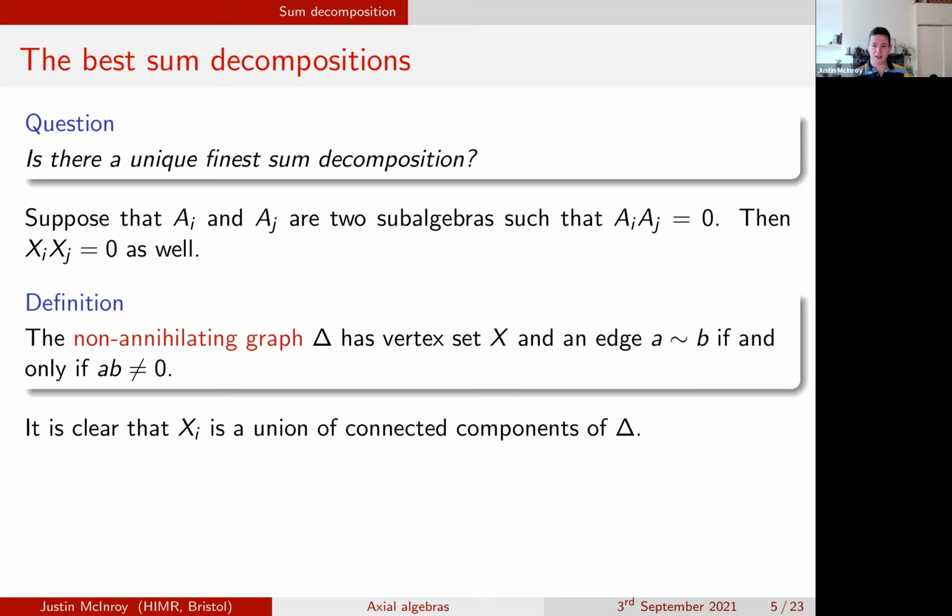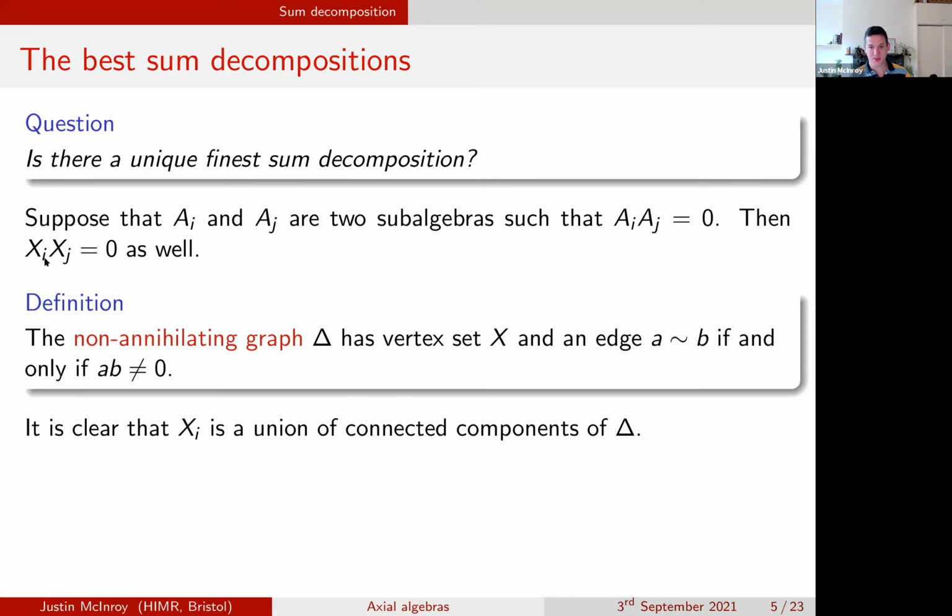So what's this going to say to us? Well, it's clear that the Xi must be a union of connected components in this graph, because different Xi's annihilate each other, as we saw up here. Xi times Xj is 0. So that means that these lie in different connected components, and they must actually be full.